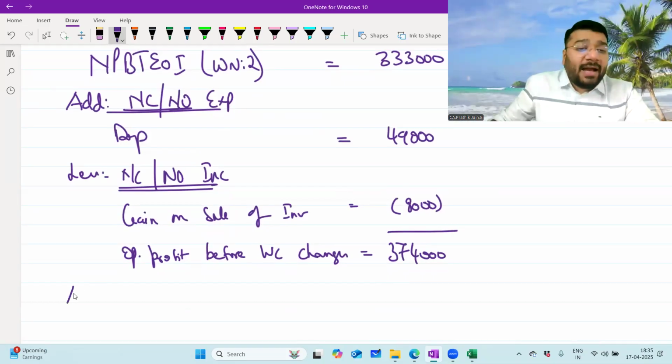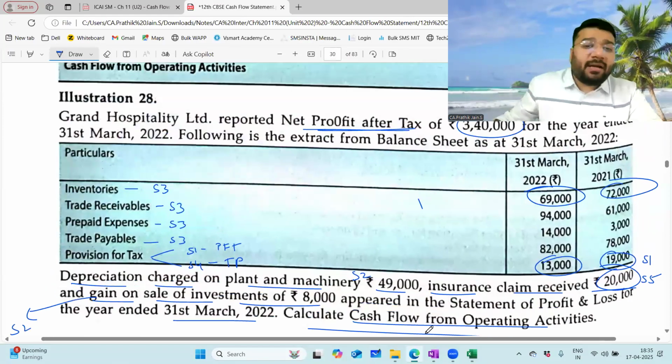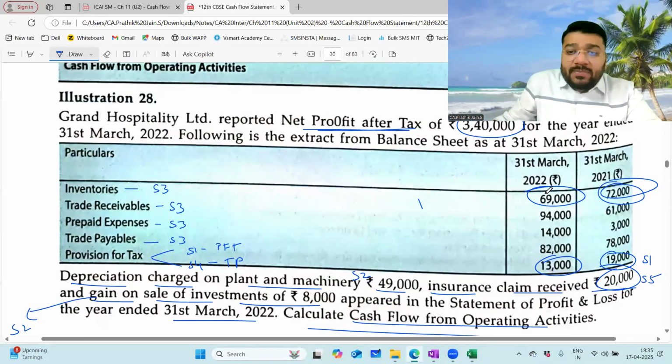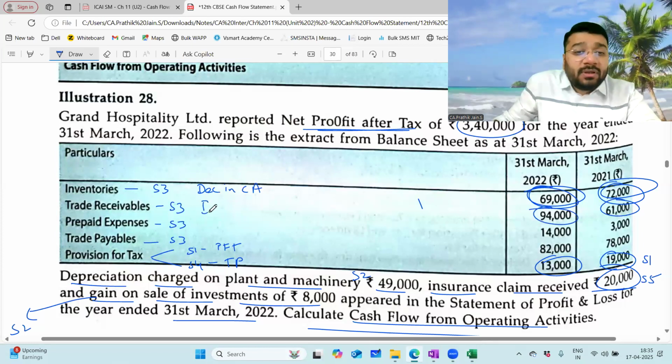Next, add increase in current liability or decrease in current asset. Inventory, from 72 it has become 69, a decrease in current asset. Trade receivable from 61 to 94, increase in current asset.